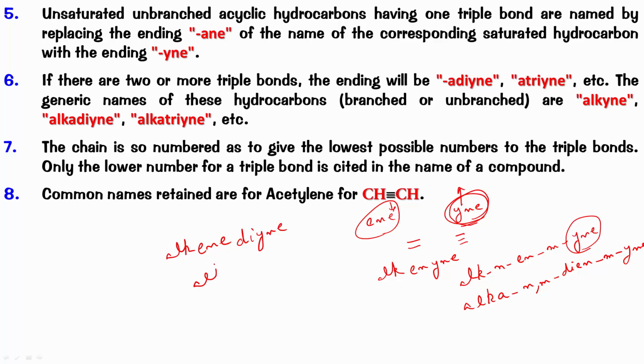So with the numbers, it will be alk-n-en-a,b-diyne. And you have to put a diyne here because it's a diyne.